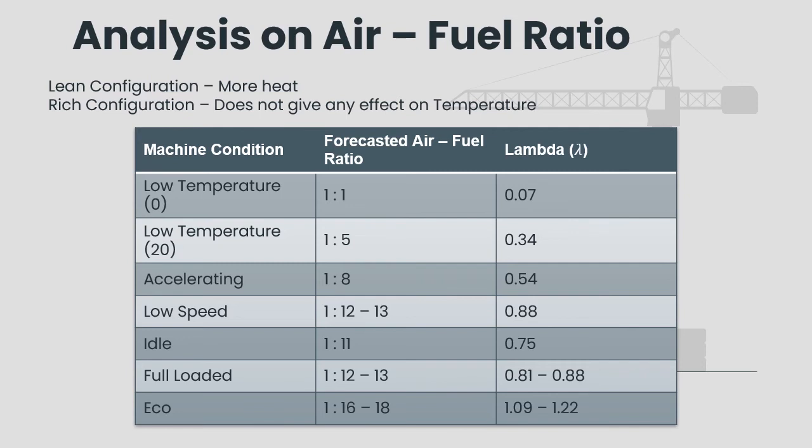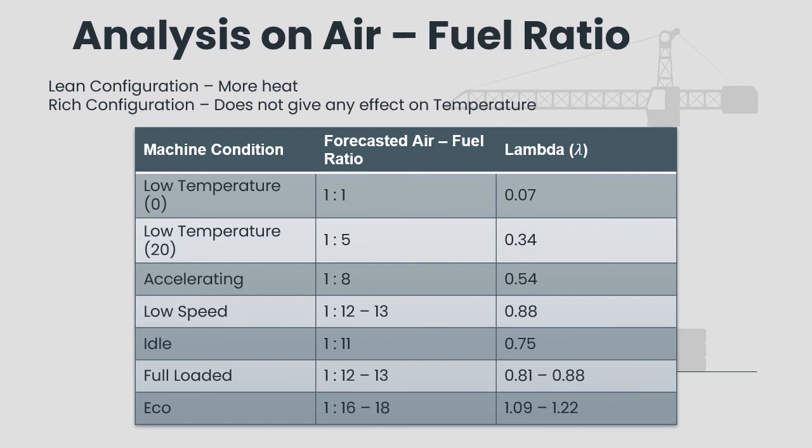This lambda in the table is the ratio of the actual air entering the engine to the theoretical air. When it is equal to 1, the combustion is complete. Below 1 means the run is rich and above 1 is lean.